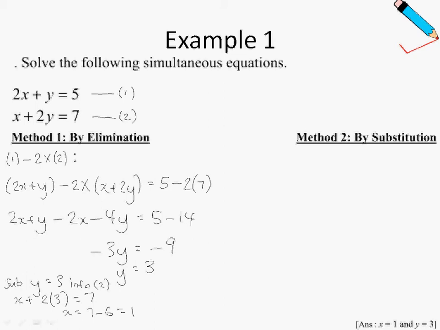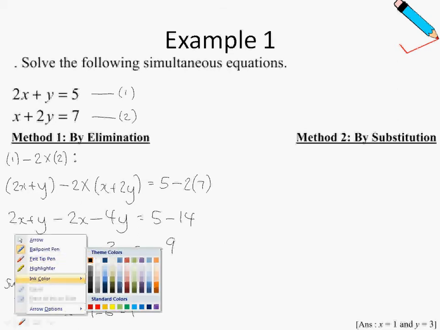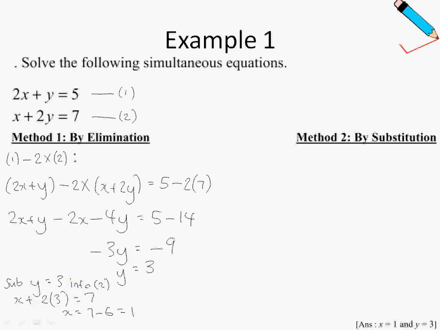So I've just solved the pair of simultaneous equations using the elimination method. I'm going to switch to a different color now, and I'll show you how we can do this using the substitution method. By the substitution method, we will first make one of these unknowns the subject of the formula.